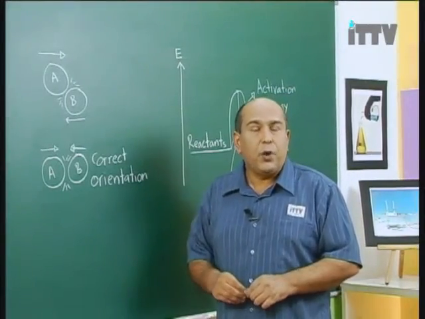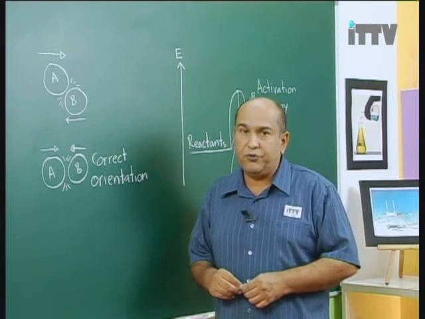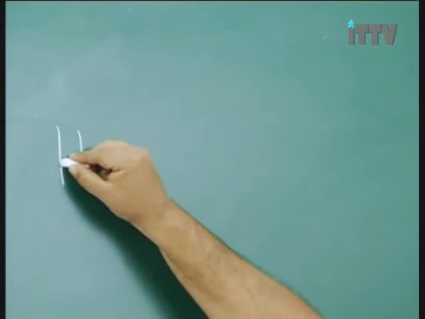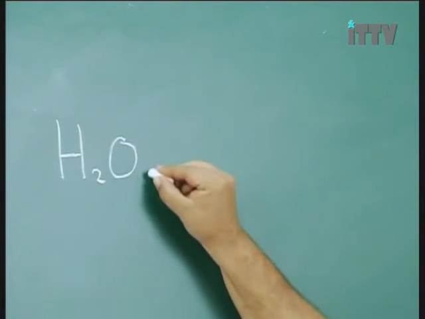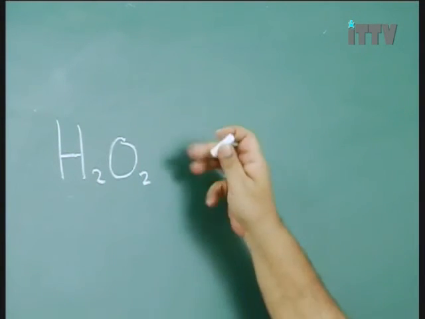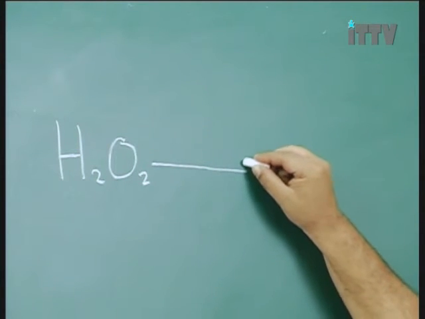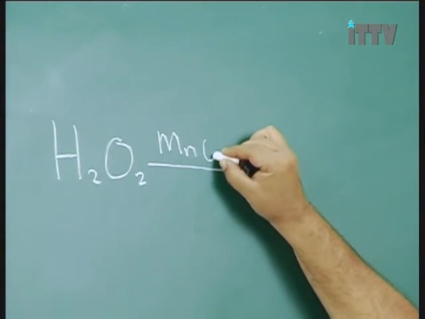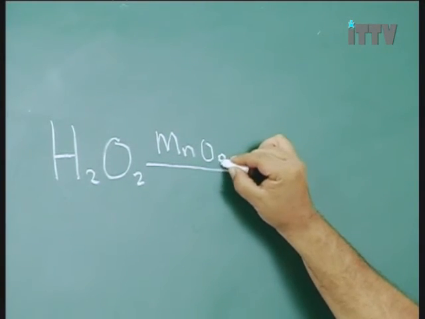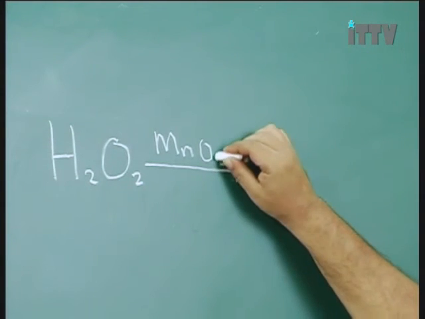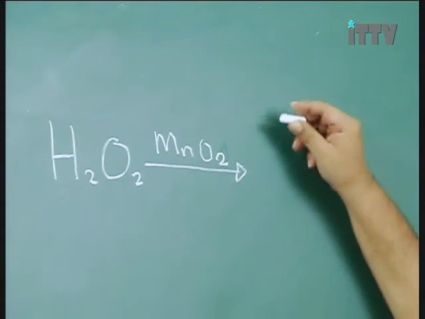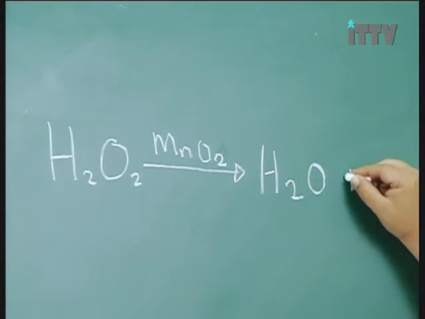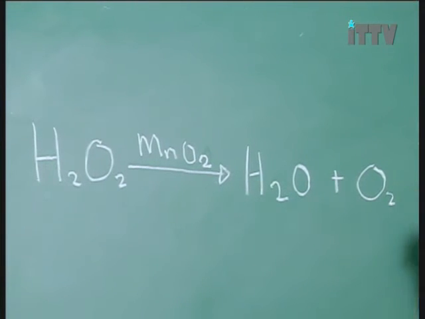So remember, the first one was the decomposition of hydrogen peroxide. So the first reaction you want to look at is the decomposition of hydrogen peroxide. Hydrogen peroxide in the presence of the catalyst manganese 4 oxide, MnO2, will decompose to become water plus oxygen.